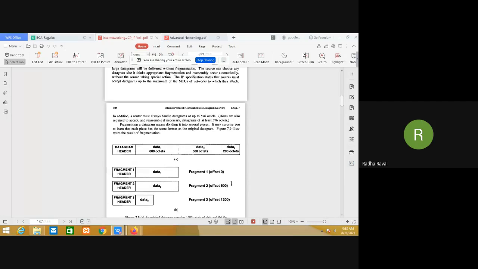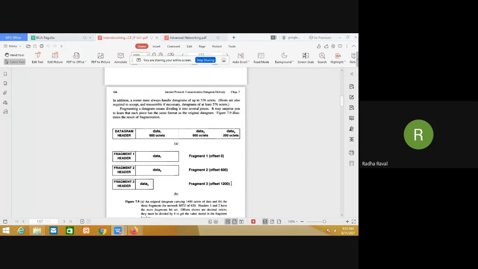Okay, here another illustration is given. Fragmentation of a datagram means dividing it into several pieces. It may surprise you to learn each piece has the same format as the original datagram. So what is the format of that fragmented part? It will be the same as your original datagram.